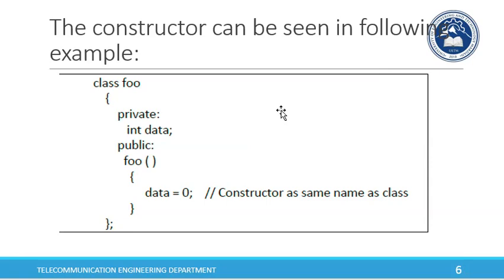This is the syntax for making a constructor. Initially we have assigned 0 to this data. If you assign it 0 or not, it will automatically be assigned 0. So this is the example of how you will make a constructor in a class. The constructor will be the same as the name of the class.